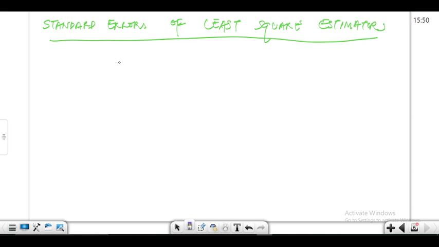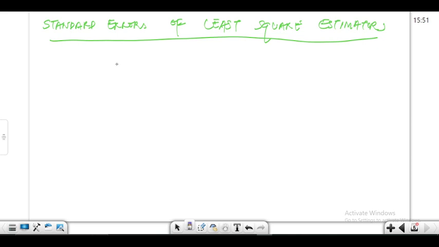But since data changes from sample to sample, the estimates will also change. In every sample I'm getting new estimates of beta 1 hat and beta 2 hat. Therefore, there should be a measure of reliability or precision, or how close the values are to the actual values.